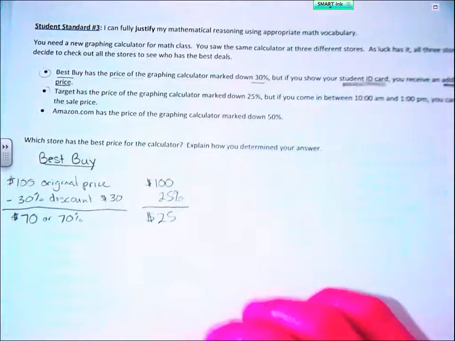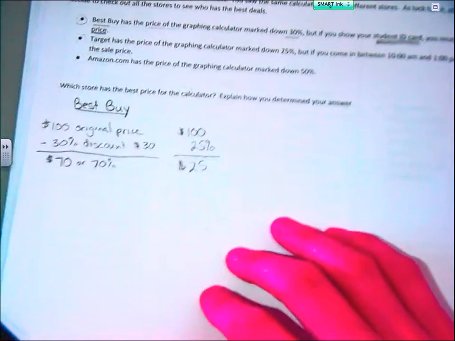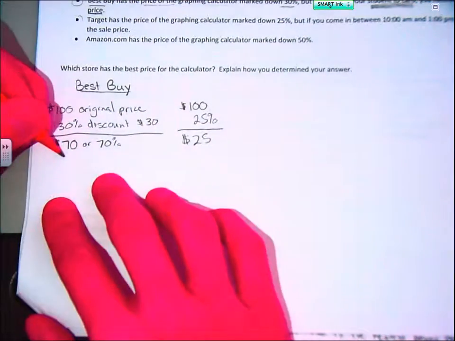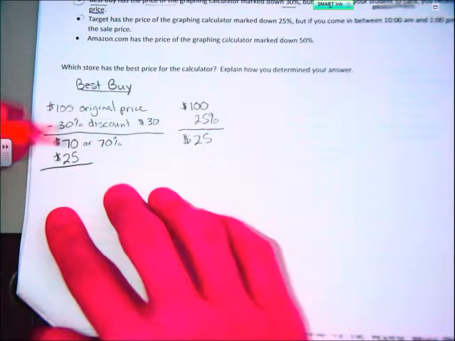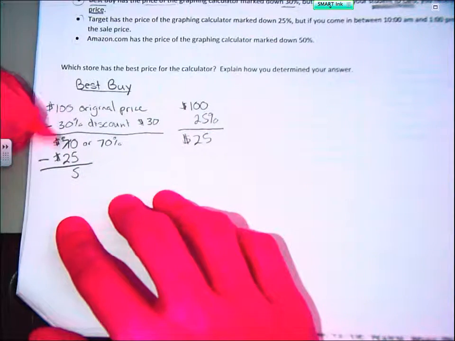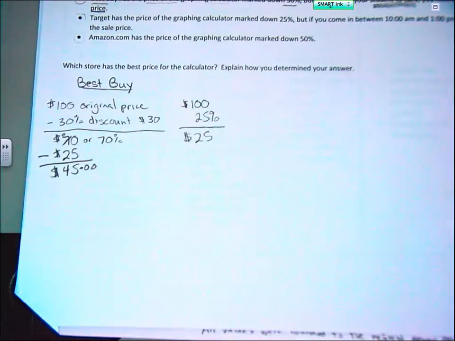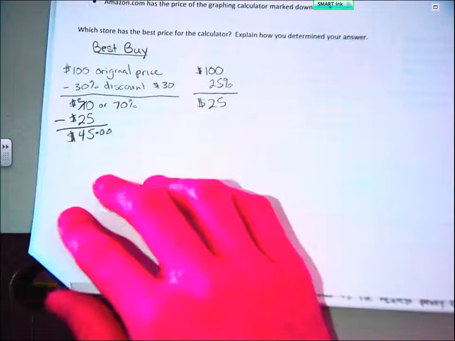See why I chose 100? And so if I got an additional 25% off or $25 off, then I would be paying $45. Now, the tricky part is putting this into words.